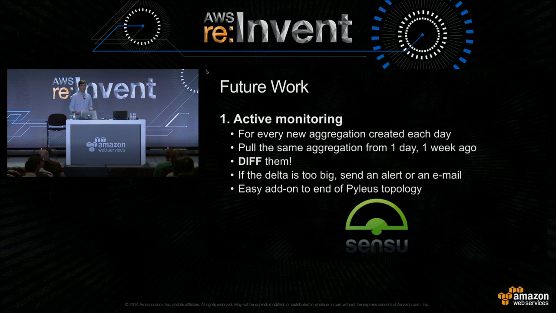And if you see a bunch of really bad performance indications, alert somebody, send an email, ticket this in your tracking system, whatever. Because you already have this topology, and you're doing a diff, so there's two things, and half your data's already there. Half of it you're getting for free at the end of your last bolt. Instead of just saving it out to S3 and being done with your life, you emit it one more time and it goes on to the next bolt and you do your alerting checks.